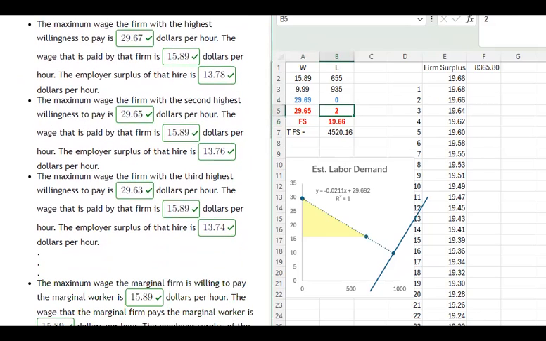And then you have the third worker, the person judged to be the third most productive. Firms are still willing to pay that person $29.63, but only have to pay the person $9.99, and so that increases that third worker's firm surplus that accrues to the firm.